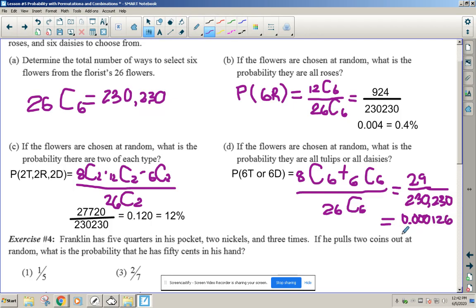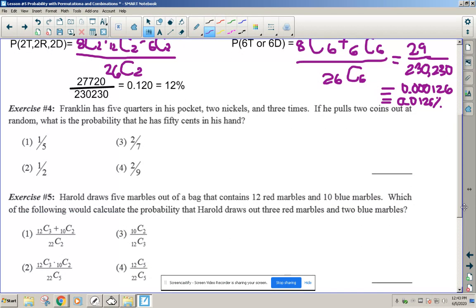And if I move my decimal twice, this would give me 0.0126%, which, that's not even a tenth of a percent. That's a 100th of a percent. That is such a small chance that that's going to happen.